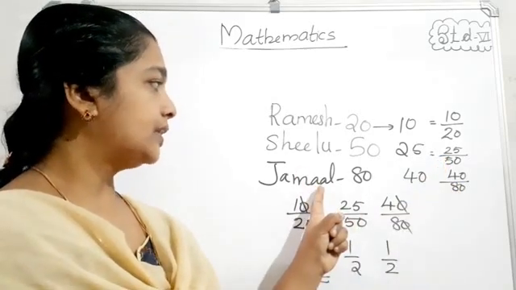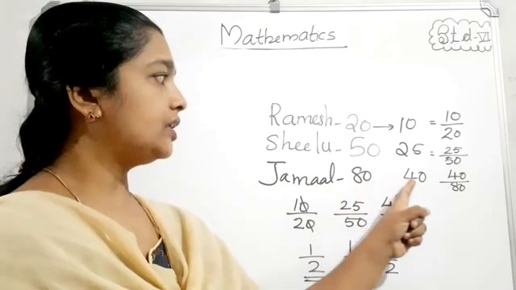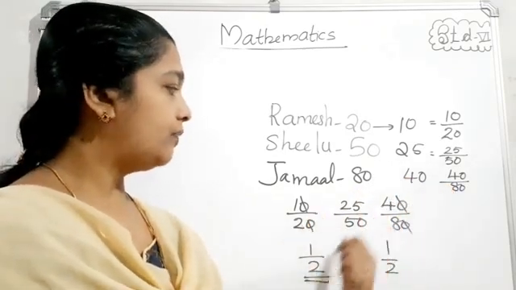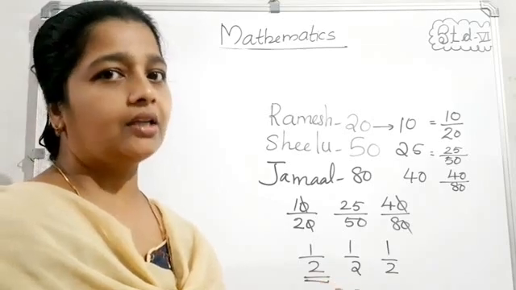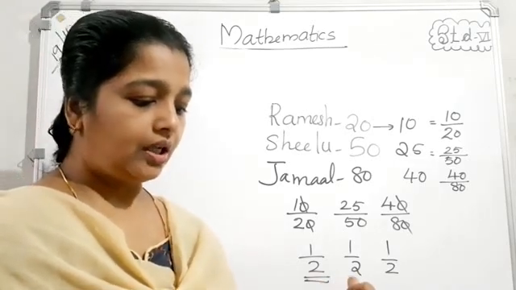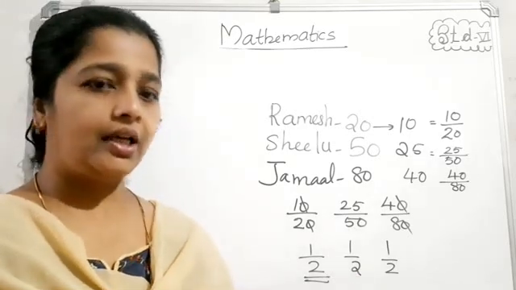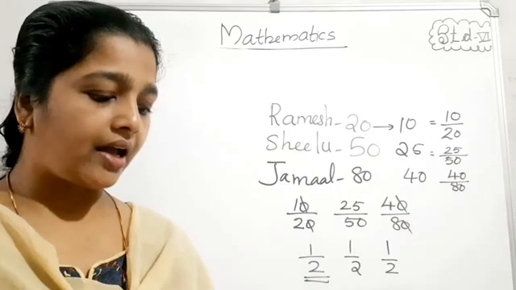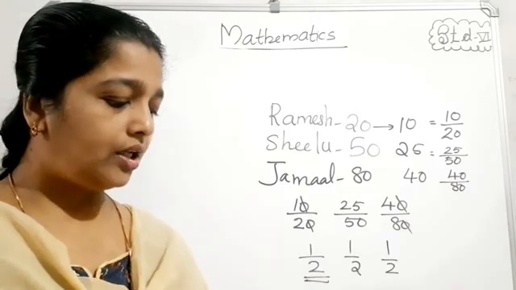Jamal, number of pencils Jamal had, that is 80. Then he used up 40, and 40 by 80. Then you want to find the required fraction. Clear? 1 by 2, 1 by 2, 1 by 2. So, these are equal fractions. Clear? Yes. Next question. Match the equivalent fractions and write 2 more for each one.